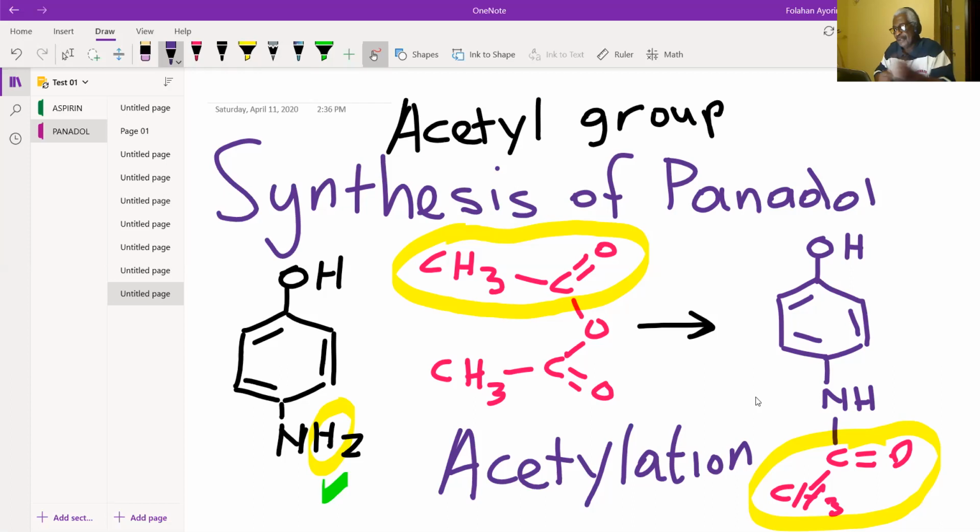And of course, the student may ask you further questions pointing to the mechanism of this reaction. I do not want to get too technical at this point, since this is not a formal lecture, but just to indicate to you the simplicity of using the OneNote.